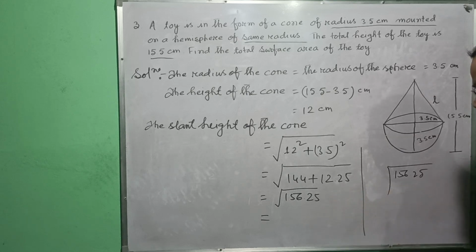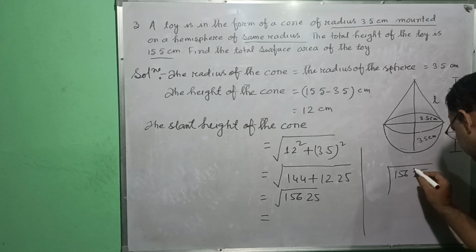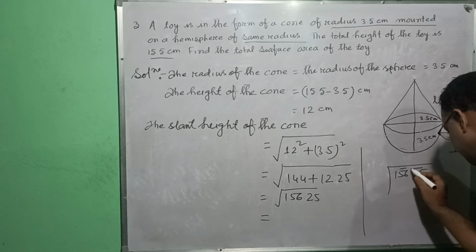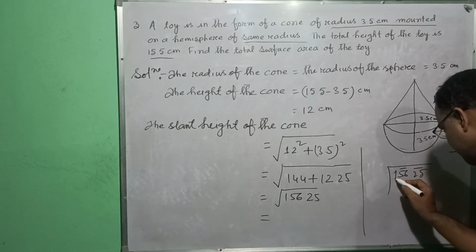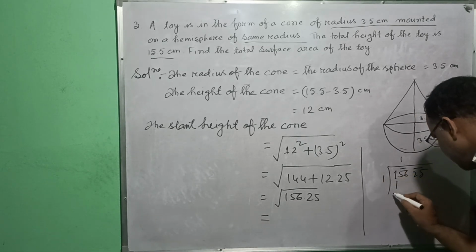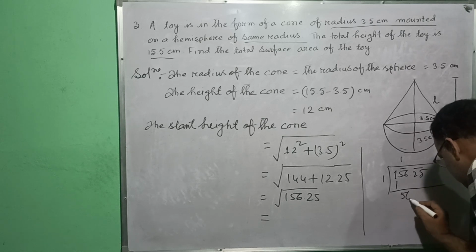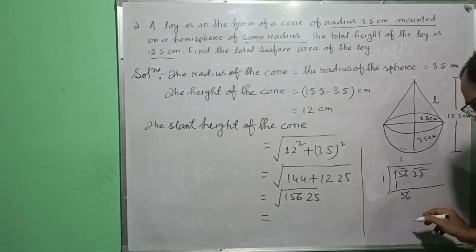Otherwise, I could write it directly. Here a decimal is there. Starting from the right hand side, the last one is 1. So we'll put here 1, and then we'll take 56 here directly.